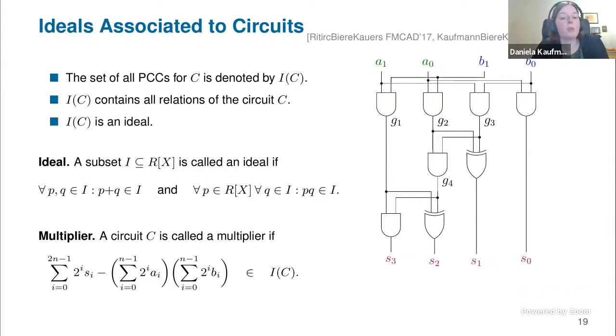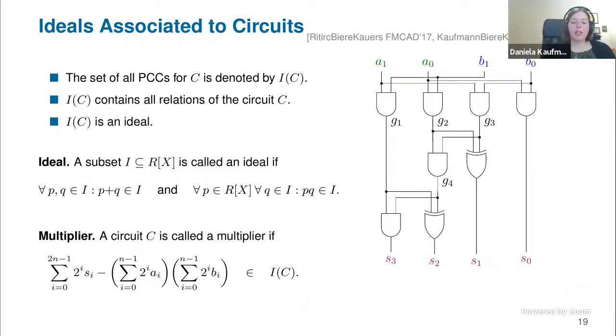And we are now particularly interested in one such circuit relation, namely in the relation between the outputs and the inputs of the circuit. So we say that a circuit is called a multiplier if the specification, which is the relation between the outputs and the inputs, is contained in the ideal.